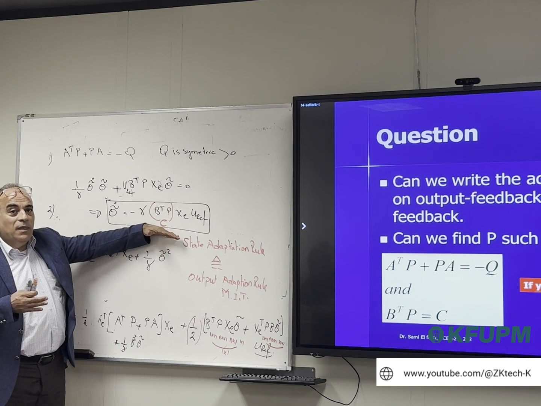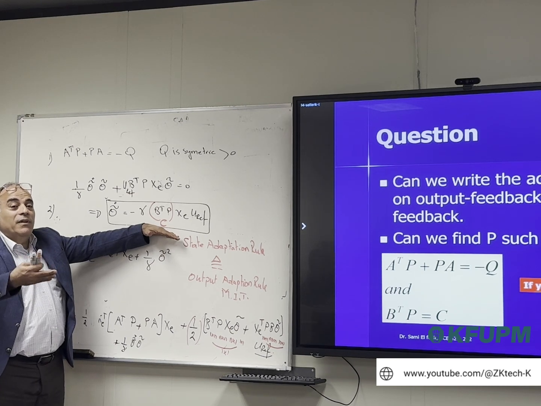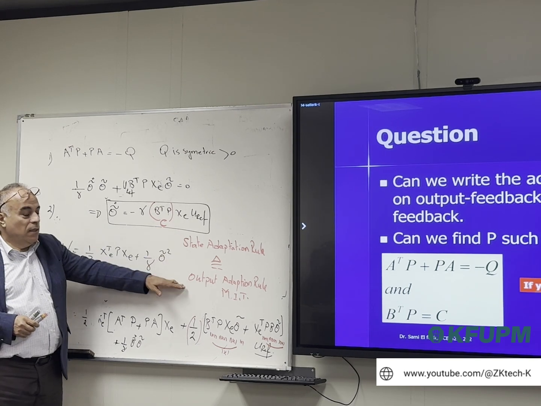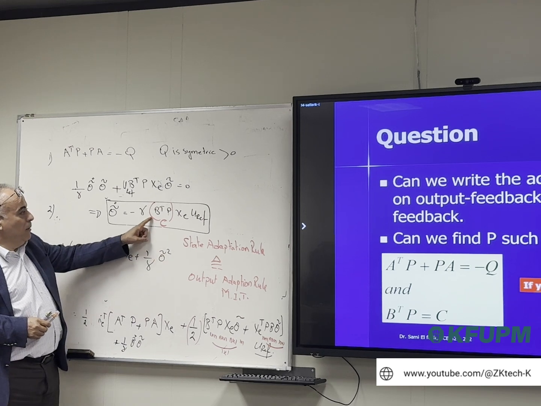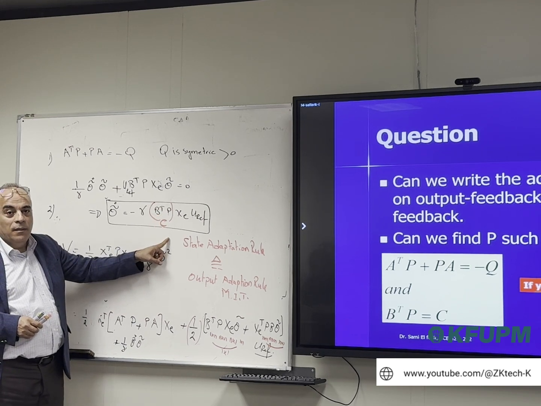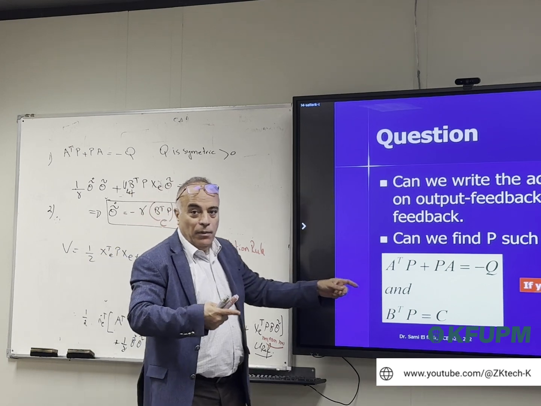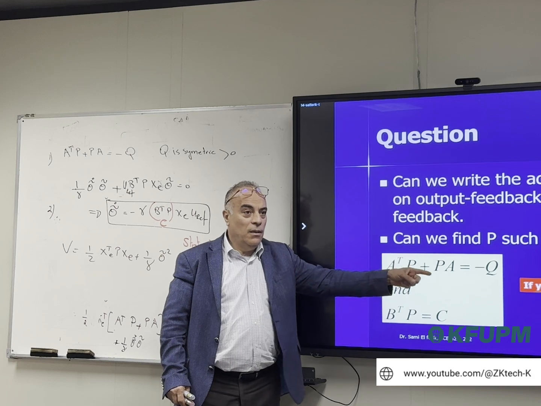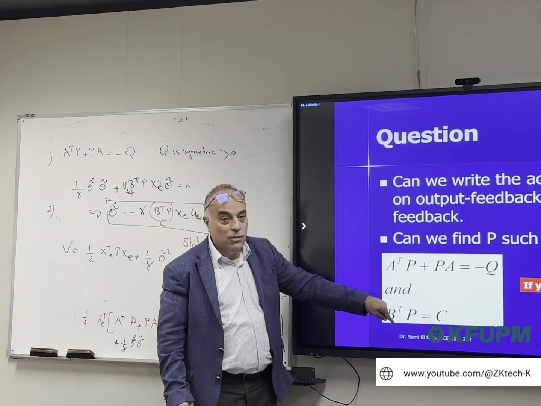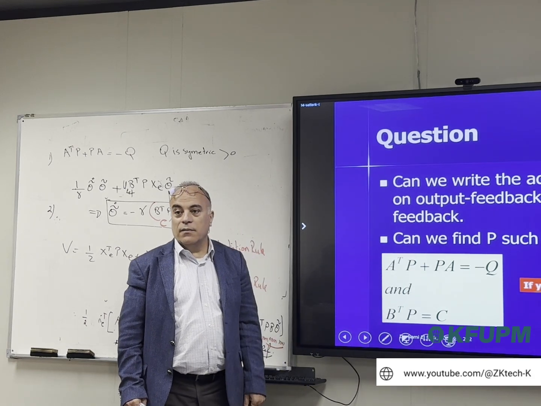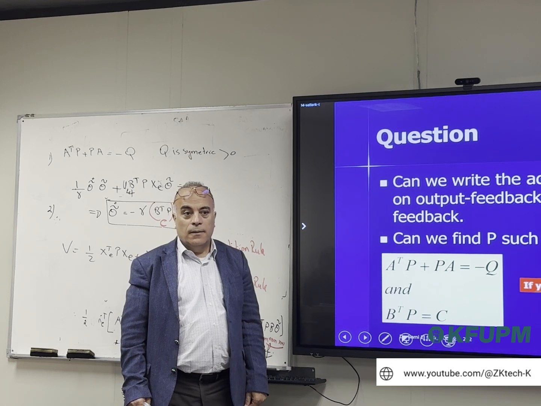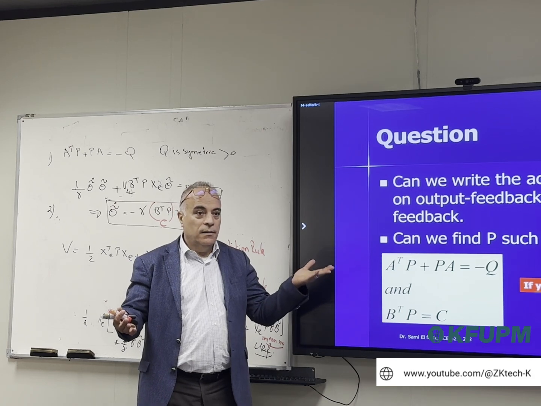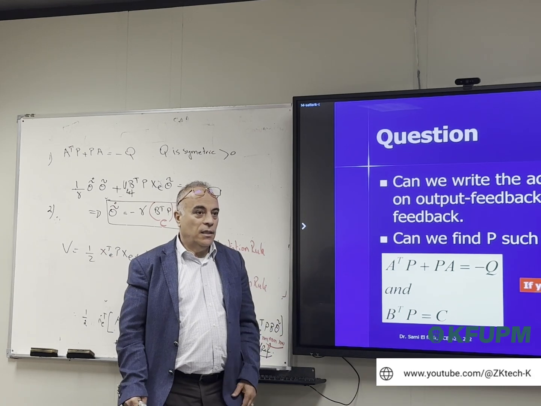But if somebody tells me I would like this to be equivalent to the MIT rule and the output-based adaptation rule, then I will tell him I need to have B transpose P equal to C. So basically, when I run a Lyapunov function in MATLAB, it's not only to find the Q, or by putting Q to find P, but also to check that this constraint is satisfied. And then we are able to say that what we did with the output feedback is equivalent to the state feedback.